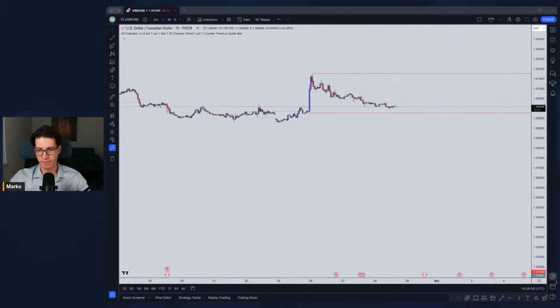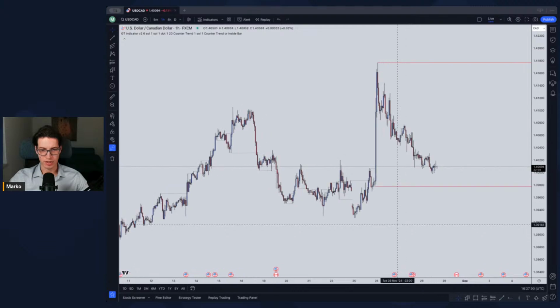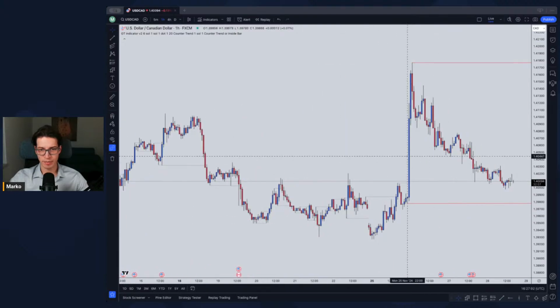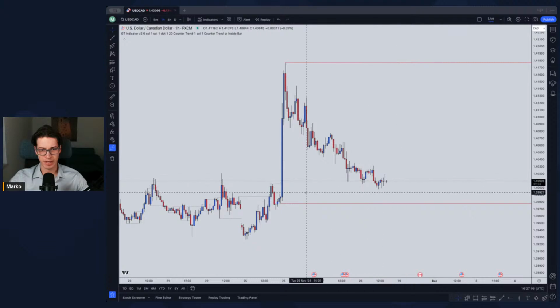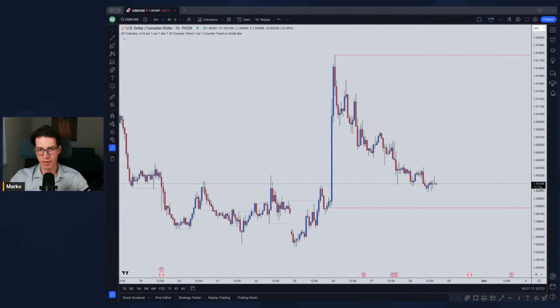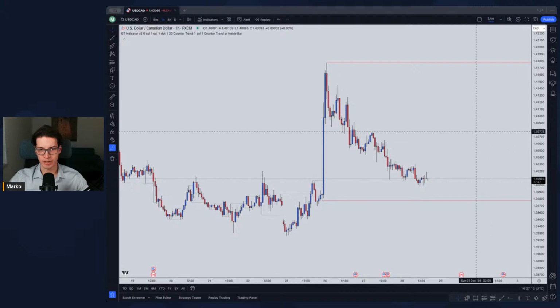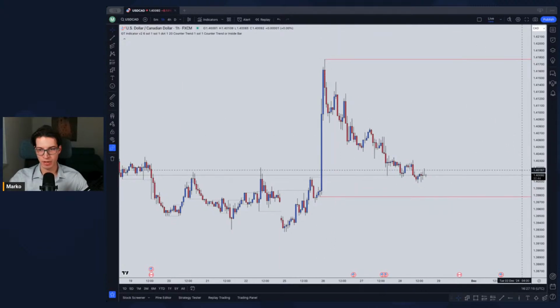Zooming in, it's interesting you have this push up out of nowhere, and now, unfortunately, being range bound inside of the low and inside of the high. So I would remain patient with US dollar CAD.